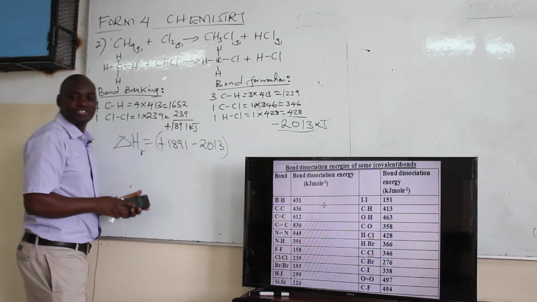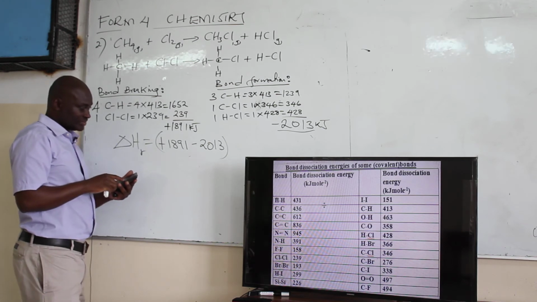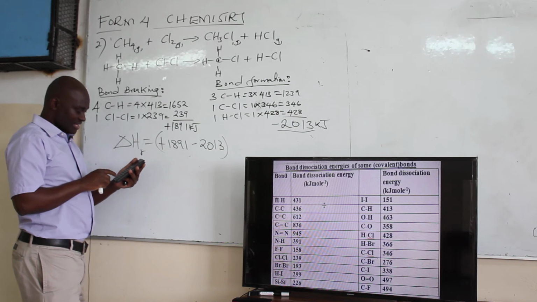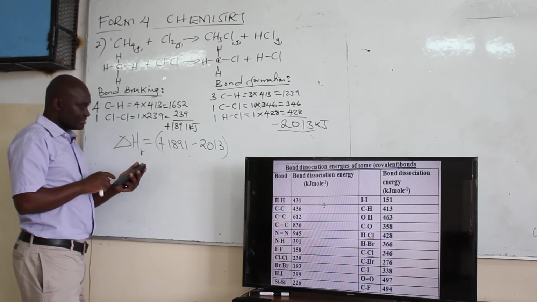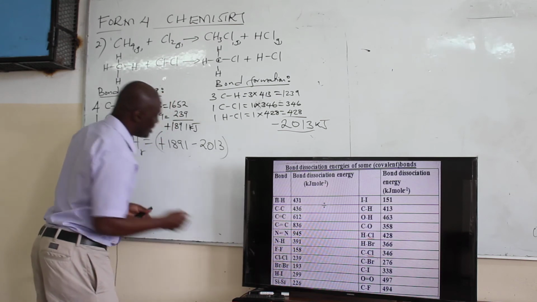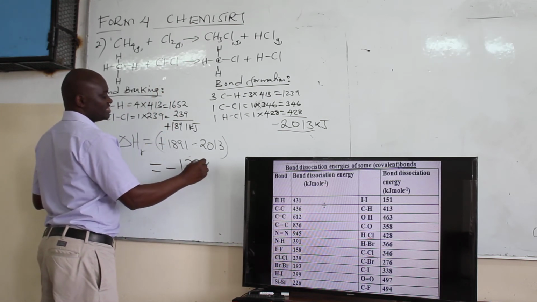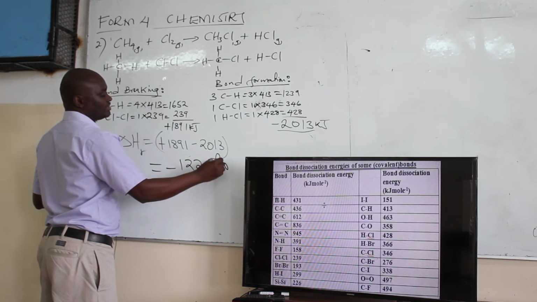Then work it out directly. If you do that, 1891 minus 2013, you get negative 122. So we have negative 122 kilojoules per mole.